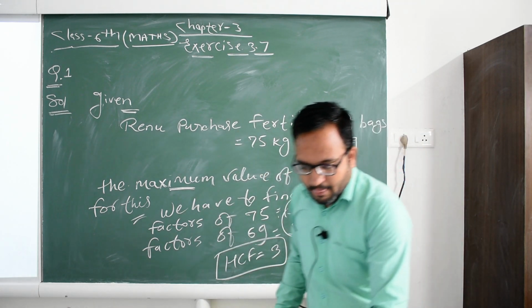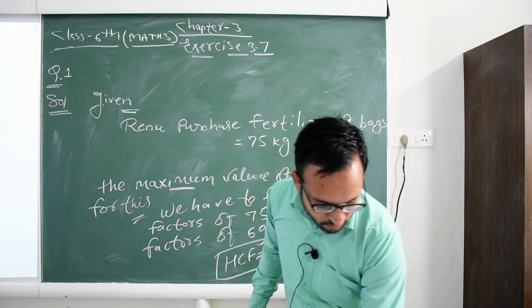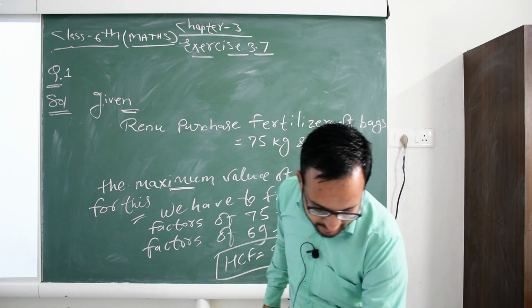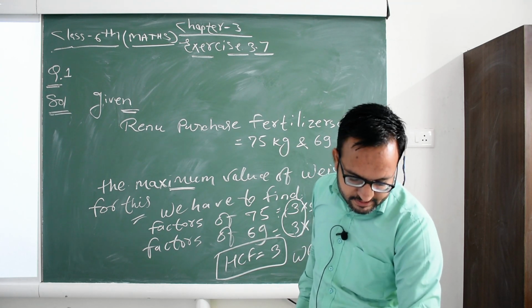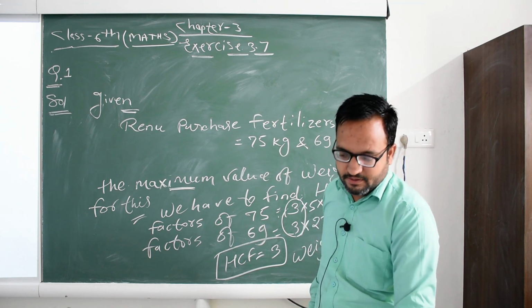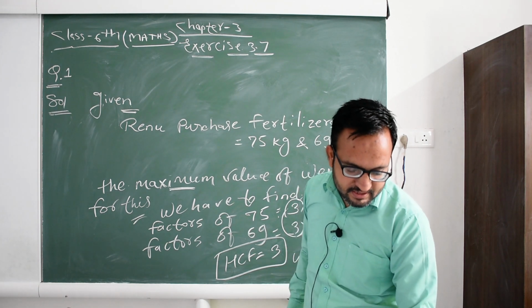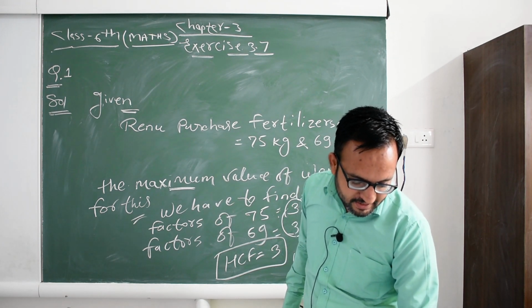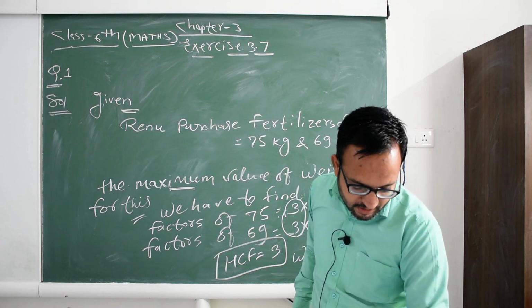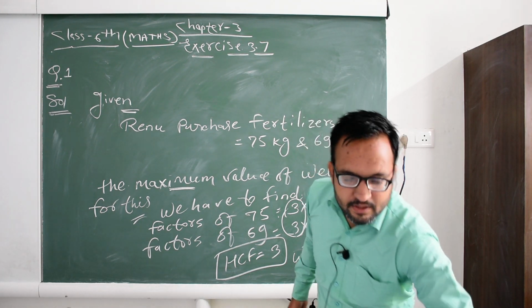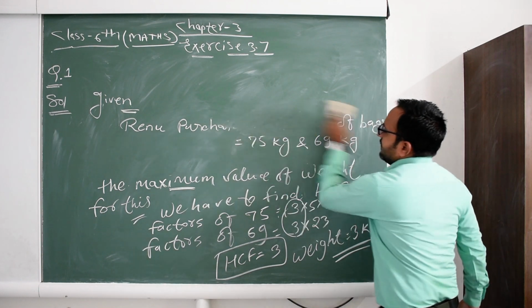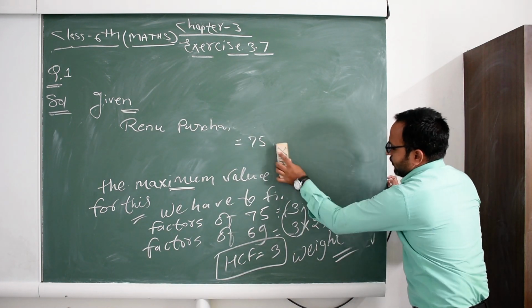Now we take question number 4. Determine the smallest 3-digit number which is exactly divisible by 6, 8 and 12. Once again, determine the smallest 3-digit number which is exactly divisible by 6, 8 and 12. Now we solve question number 4.